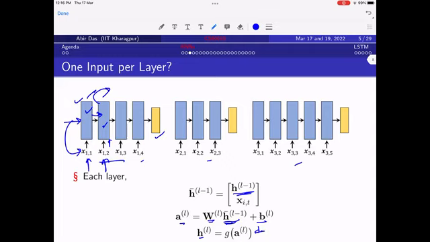The only thing we are changing is that we have the concatenated input, which is the previous layer's output and this layer's external input. So we denote it as HL minus 1, the previous layer's output, and this is say XIL or XIT, the ith sequence and tth element. The notation T comes from the connotation of time.